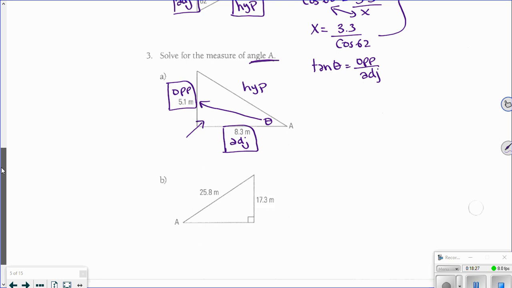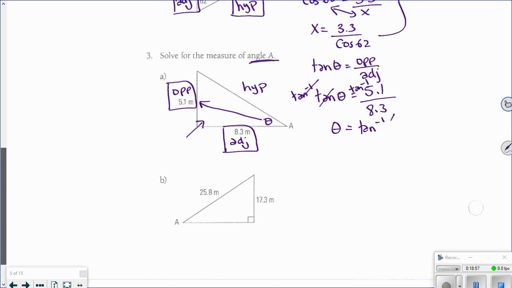We don't know our angle anymore, so we have to leave it as the angle symbol, or we could call it capital A because we're looking for angle A. We do know our opposite side is 5.1. We do know our adjacent side is 8.3. So now, to get the angle by itself, we need to do the inverse. In this case, the inverse tan, so that the tan and the inverse tan cancel, and we have just the angle symbol by itself.